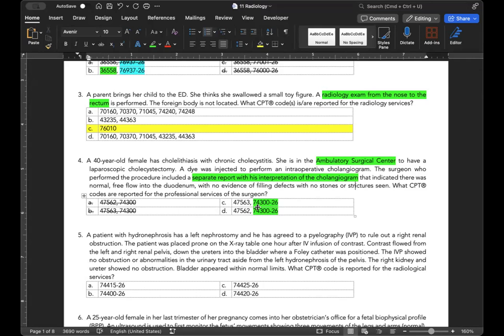Okay. So now let's go look at our 47563 and 47562. 47563 is the laparoscopy surgical cholecystectomy with a cholangiography. And then your 47562 is the laparoscopy surgical cholecystectomy. So do you think we need the 62 or the 63?